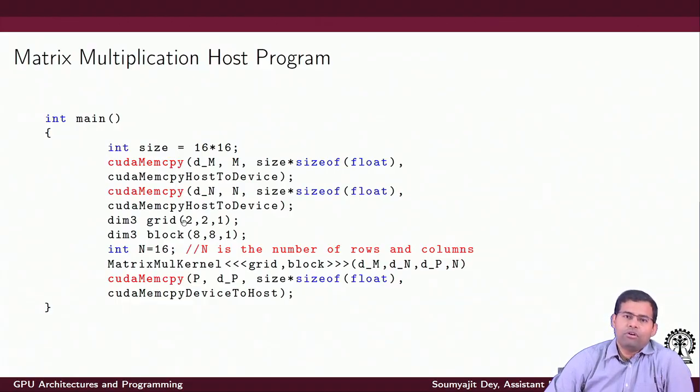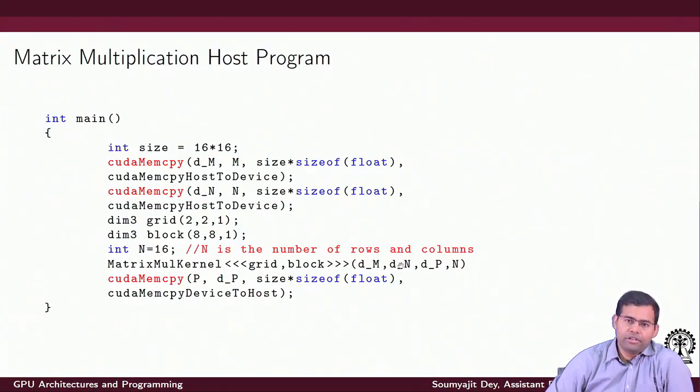With this configuration of grids and blocks defining the arrangement of threads, we are firing the matrix multiplication kernel. This is the code that is going to execute on the GPU, and it assumes that it has the matrices M and N available in the GPU's DRAM, which is already the case due to the CUDA memcopies that have executed.